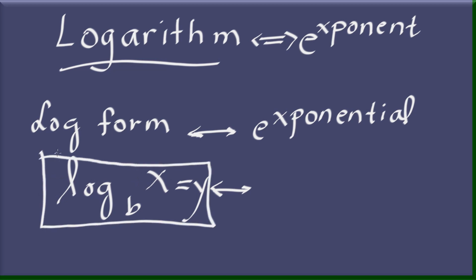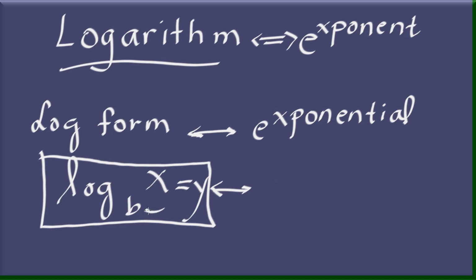The logarithmic form or the logarithmic equation we read like the logarithm to base b of x is equal to y. Now somehow that doesn't make sense to me. So what I do is rewrite this in its equivalent form, which is very familiar to us. We call it the exponential. So how do we rewrite this in its exponential form?